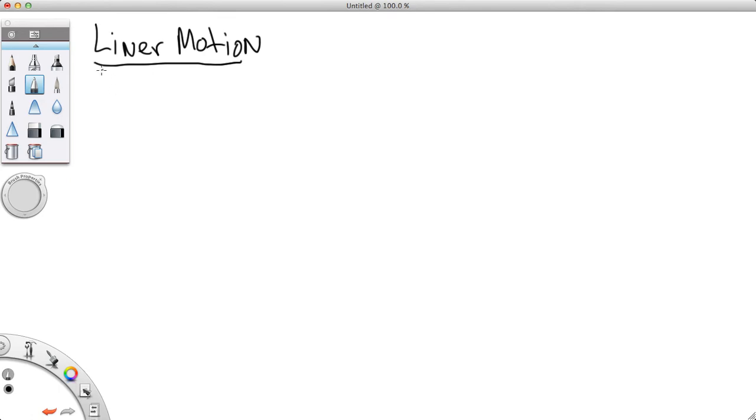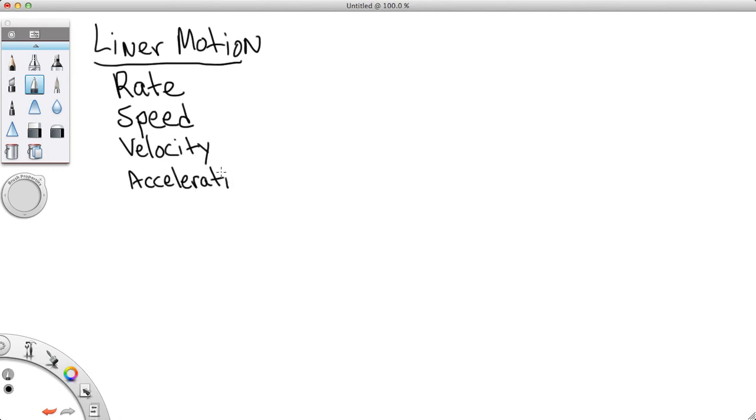These terms are rate, speed, velocity, and acceleration. Those are some words that you need to know from this.